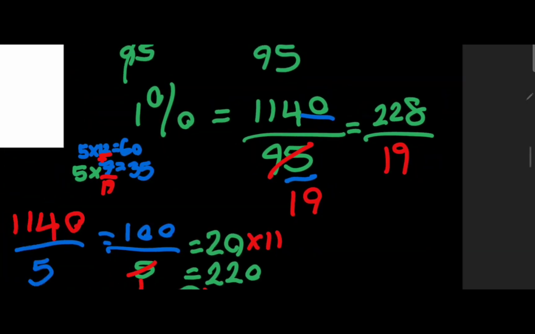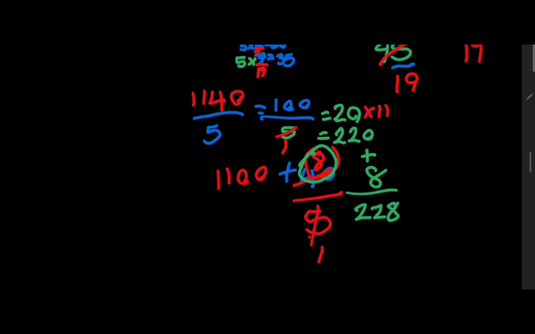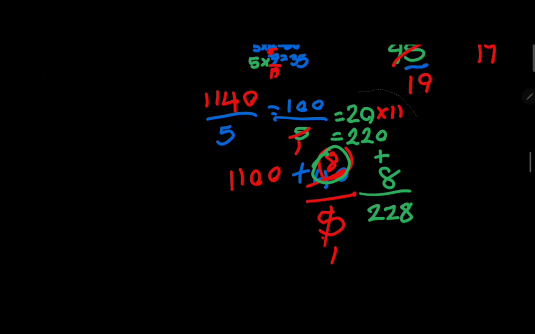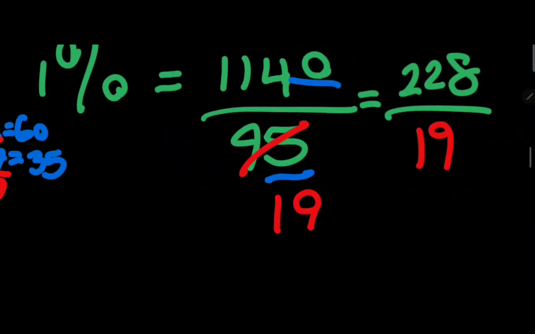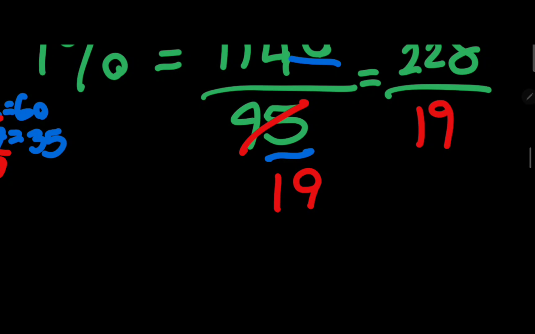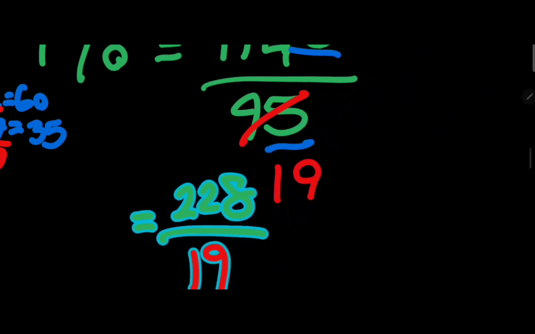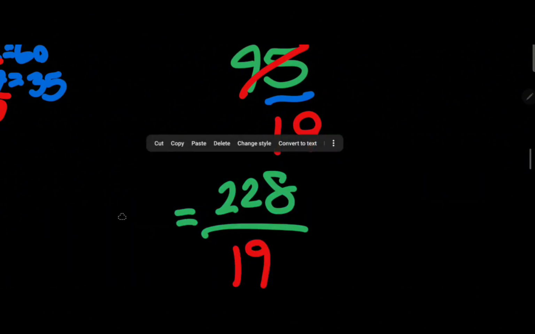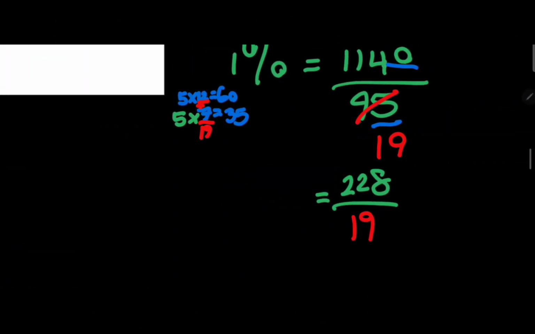Okay, so let me just clear some of this out of the way so we have space to work. All right, so I'm just going to move this down as well. Okay, so it's still at our 1%. We're trying to break it down.